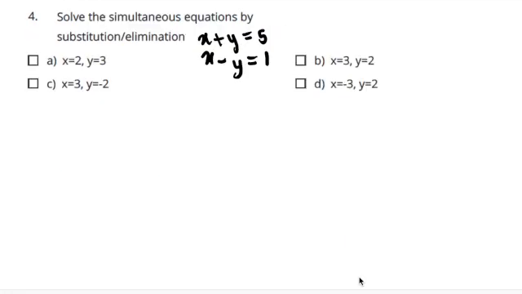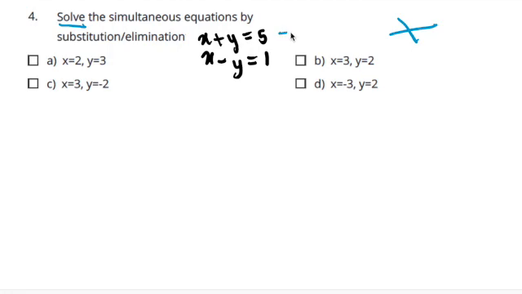Question number 4. Solve the simultaneous equation by substitution or elimination of x plus y equals to 5 and x minus y equals to 1. So what you need to know here, when it asks you to solve, meaning that it wants you to find out the point of intersection between two straight lines.